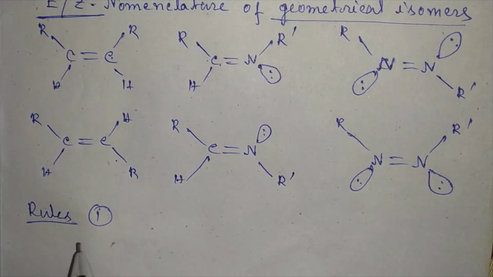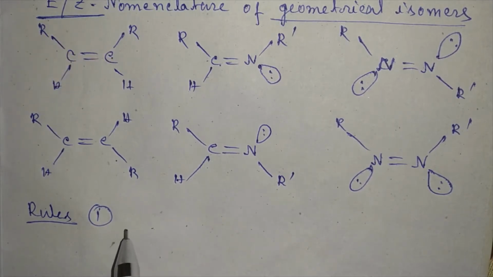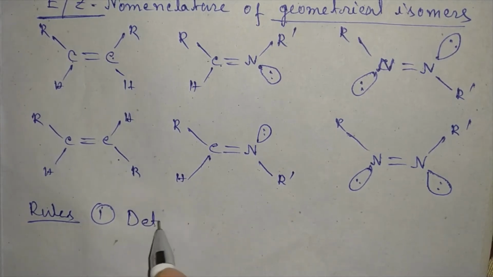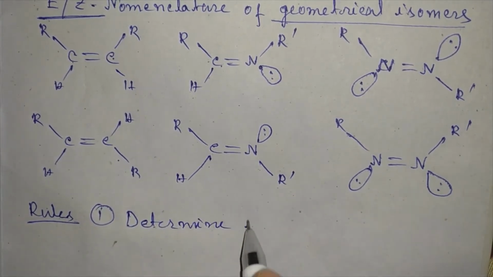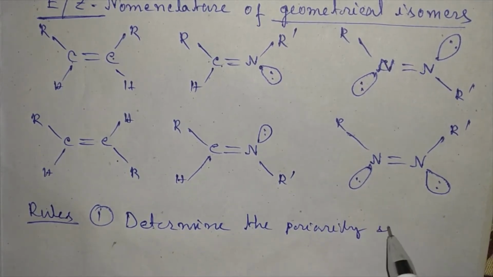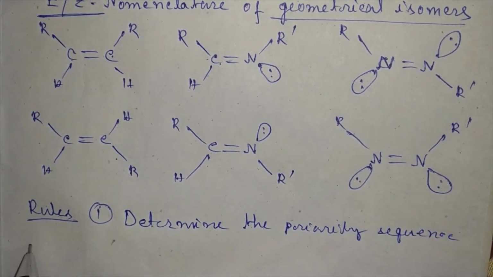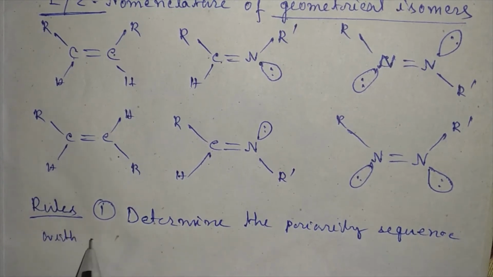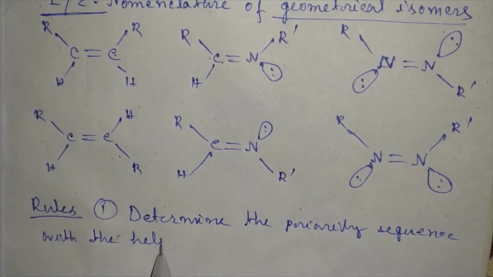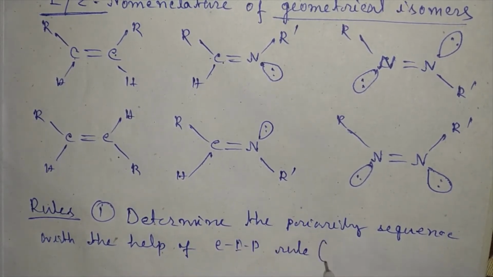The first rule is to determine the priority sequence of the groups attached to the atoms incorporated in a double bond, with the help of the CIP rule, that is the sequence rule.